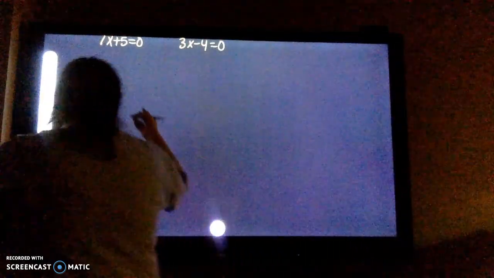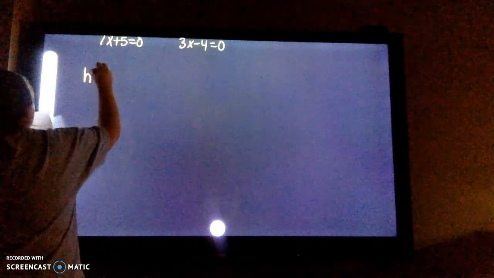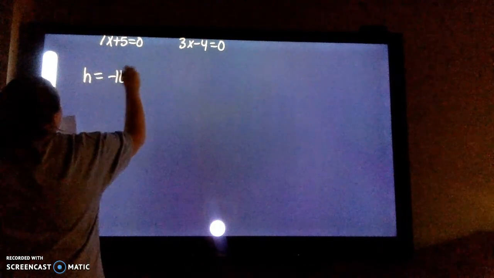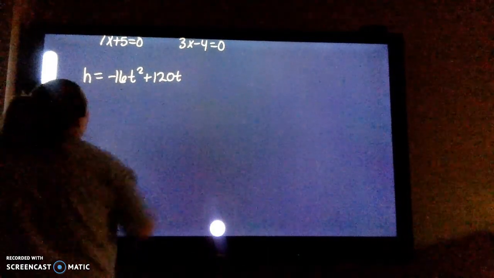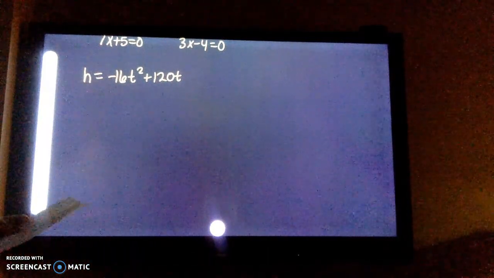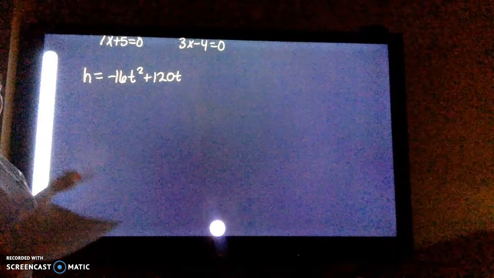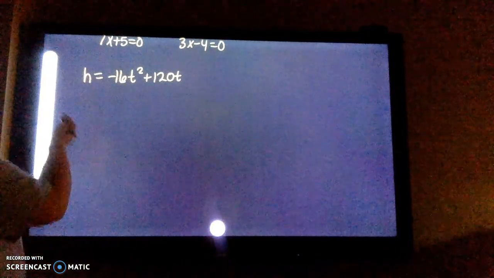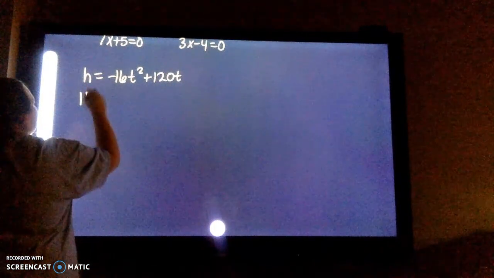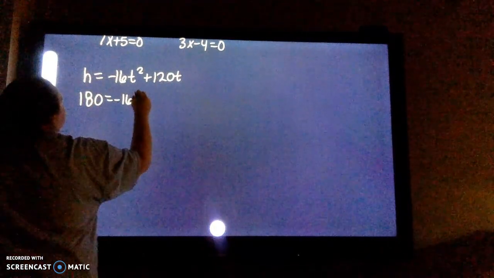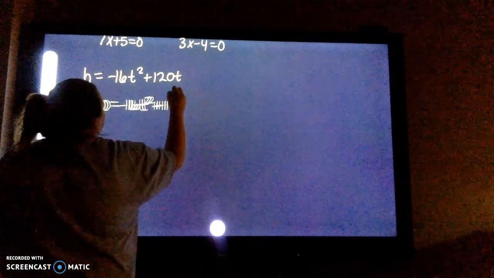So the first thing I need to do is I need to know what my equations are. So I'm going to write it. H is negative 16t squared plus 120t, and I want to know after how many seconds will that height be 180? Well, super simple. We plug in 180 for the h and we solve for t. So I get 180 equals negative 16t squared plus 120t.